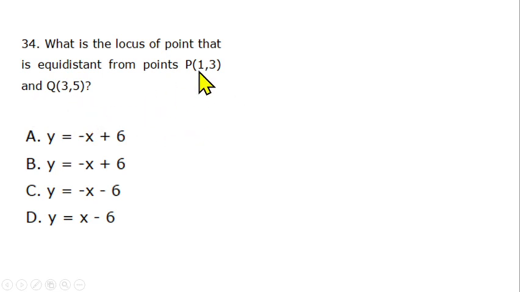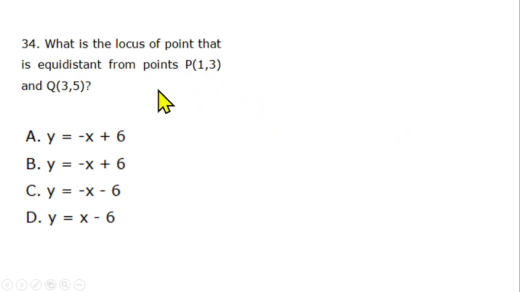So we are looking for the locus of the point that is equal distance from this and this. And we should know that when we are talking about a locus of a point between 2 points, it is the line that divides the line that joins these 2 points together into 2 equal parts.